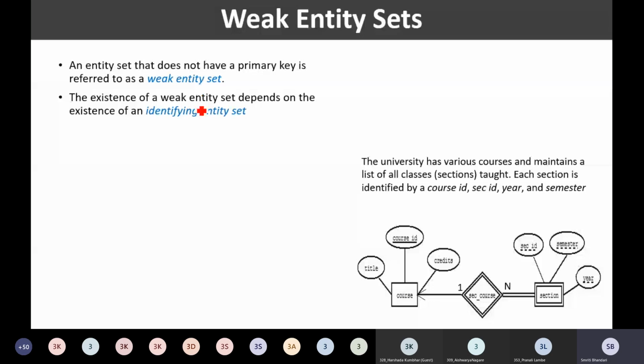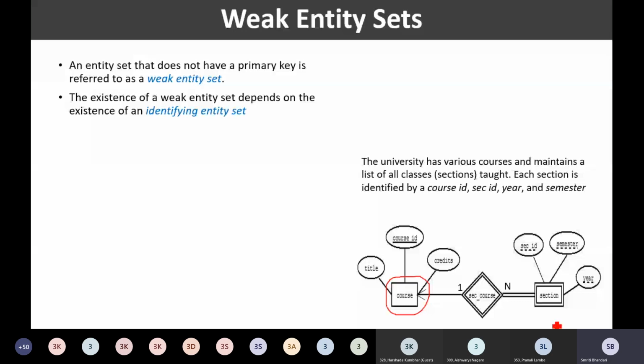So the existence of this entity set section depends on the other entity set, that is course. So the entity set on which the weak entity set depends is known as the identifying entity set. So in this case, course is my identifying entity set and section is my weak entity set.